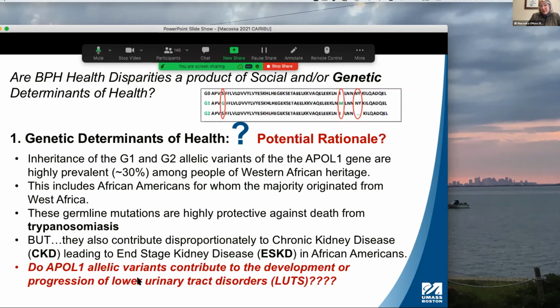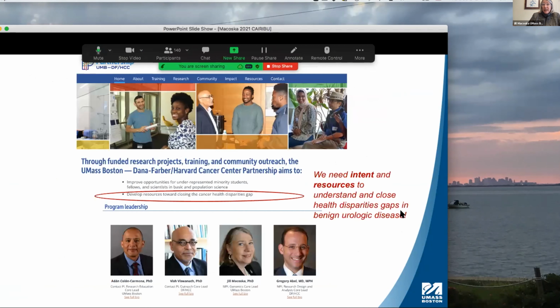So have we looked at the lower tract to see if these APOL1 allelic variants might contribute to the development or progression of lower urinary tract disorders? No, we haven't, but we probably should. And so this kind of knowledge could lead us down some roads where we could look at genetic determinants and determine whether or not, in fact, they are part of health disparities in benign urologic disease.